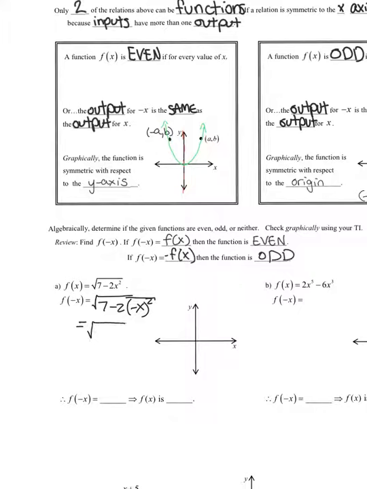Just as before, a negative x quantity squared just becomes a positive number. So this becomes minus 2x squared. And lo and behold, this was just my original f of x. So this is equal to f of x. If you notice, I now have f of negative x is equal to f of x.